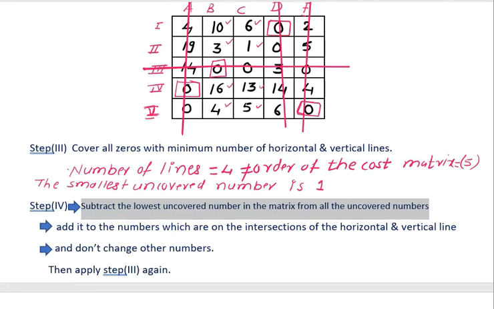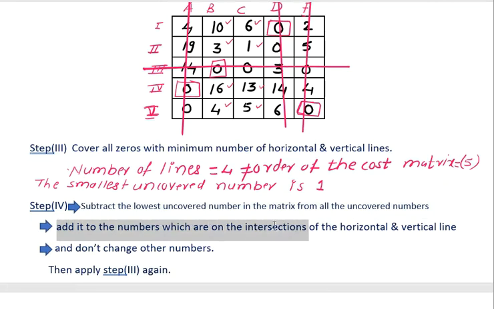Add the same number to the numbers which are on the intersection of horizontal and vertical lines. What are the numbers on the intersection of horizontal and vertical lines? 14, 3 and 0. So we have to add 1 to these three numbers and not change the other numbers.